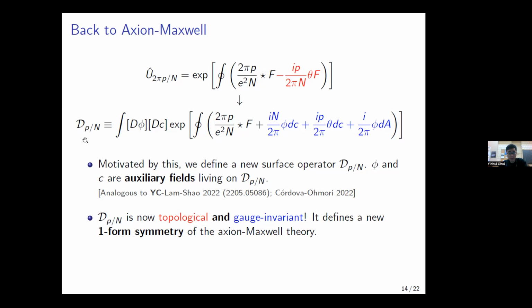So now this new operator is both topological and gauge invariant. So it defines a good surface operator in my theory. And since it's topological, I should view it as some kind of symmetry operator. It's a surface operator, and it naturally acts on line operators through linking. It defines a new one-form symmetry in the axion-Maxwell theory, which was previously not known.